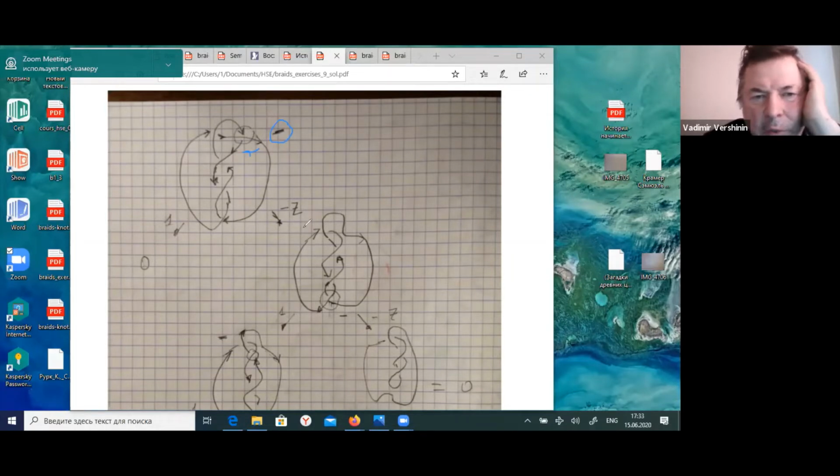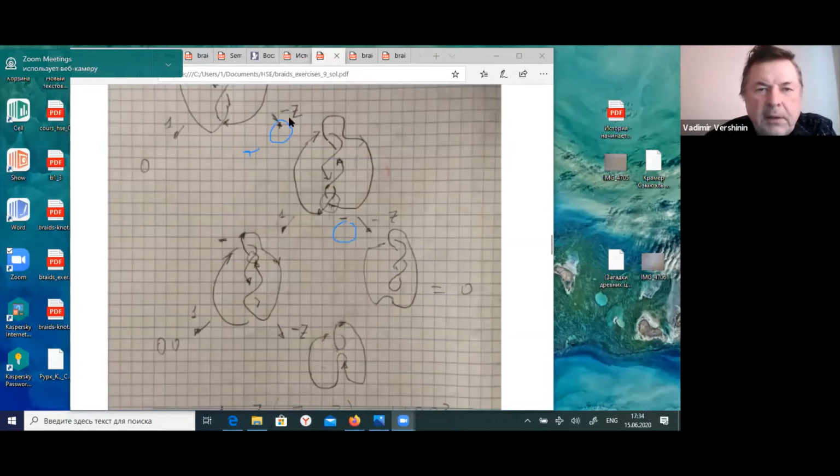But here, when you are making smoothing, you should take minus z. 1 is okay. The Alexander polynomial of a knot is 1, so it's okay.